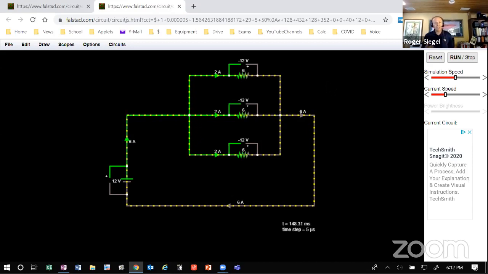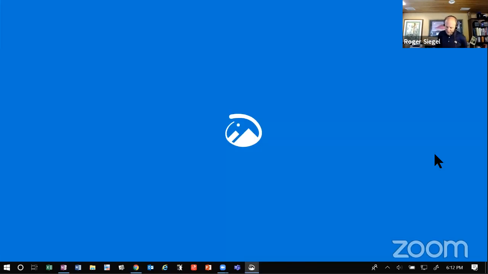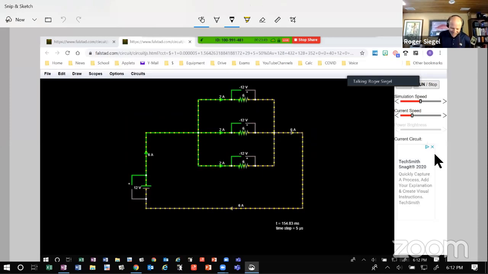We can also look at Kirchhoff's loop rule here. All right. And I'm going to actually try and freeze this for a second. So we'll do a snip and sketch, which I'm a little ambivalent about, but it's what I've got right now. All right, so here we are. Let me grab something to write with.